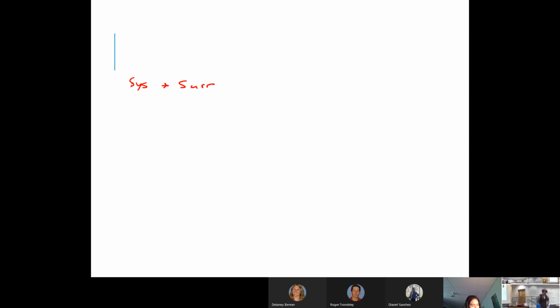For example, if I'm dealing with this bottle, in my language I'm specifying the bottle as the system. Now, if I want to look at the forces acting on this bottle due to the surroundings, I've identified the bottle as my system, and what would be in the surroundings for that case?